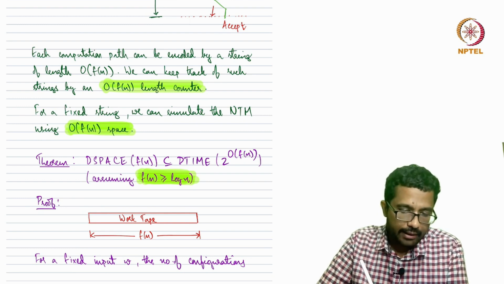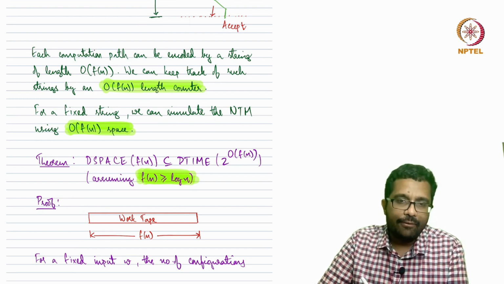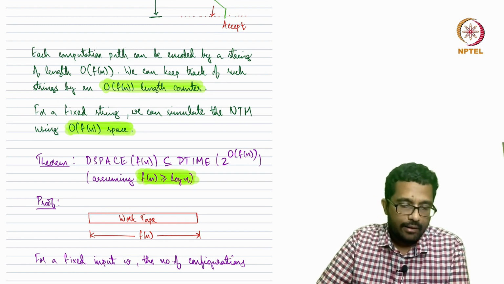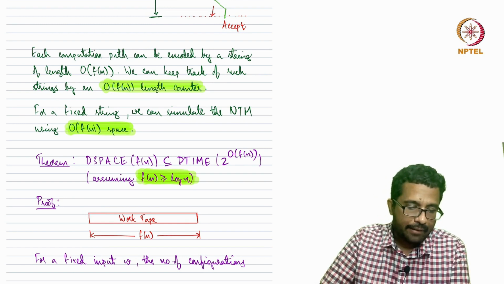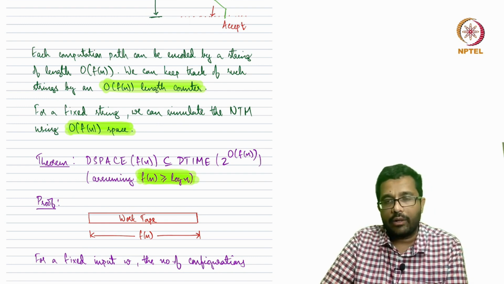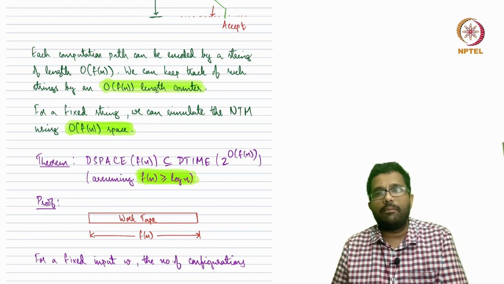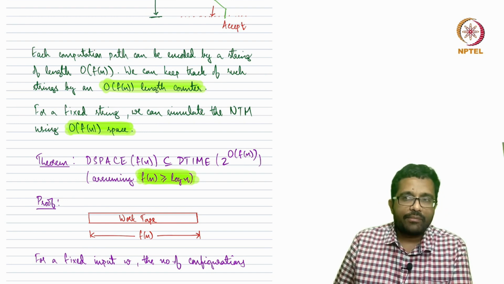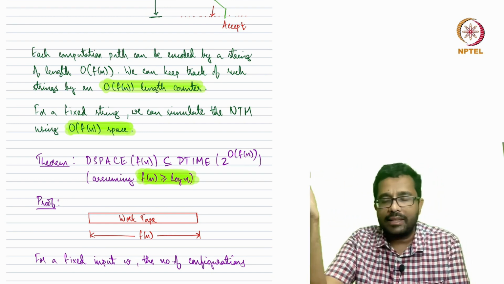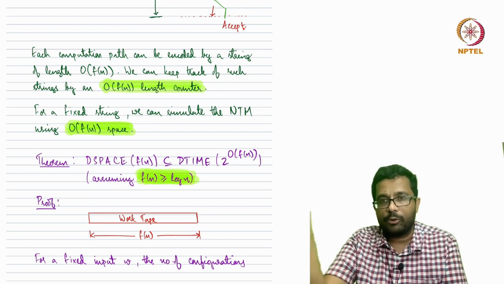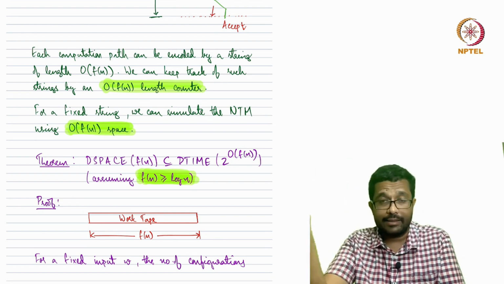It is not really meaningful to measure DSPACE(f(n)) if f(n) is smaller than log n. If f(n) is little o of log n, DSPACE(f(n)) does not really make much sense, because at least one thing that we may be interested in doing is to keep track of the indices as we scan the input. The input length doesn't count.